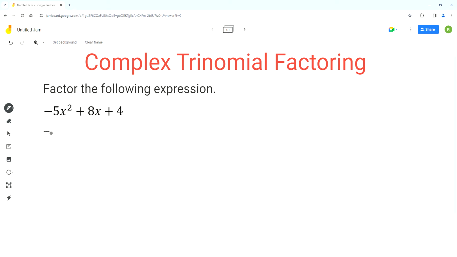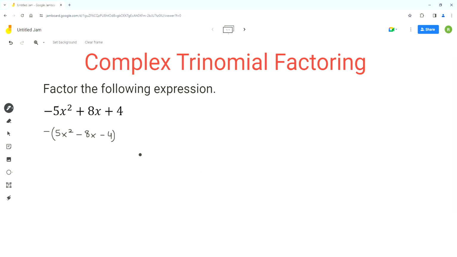So we write this negative sign outside the parentheses and we divide each term by negative 1, and that changes the sign of each of these terms. So the first term changes from negative 5x squared to positive 5x squared, and then 8x changes to minus 8x, and plus 4 changes to negative 4.